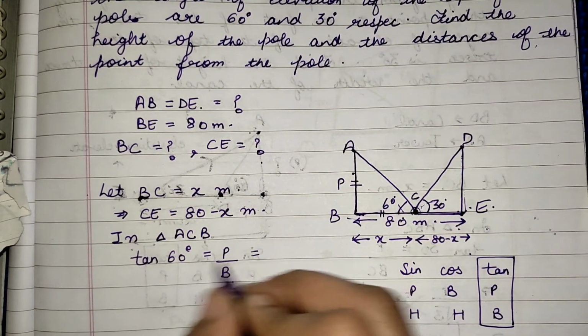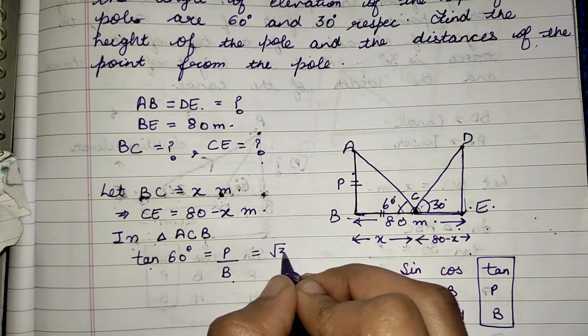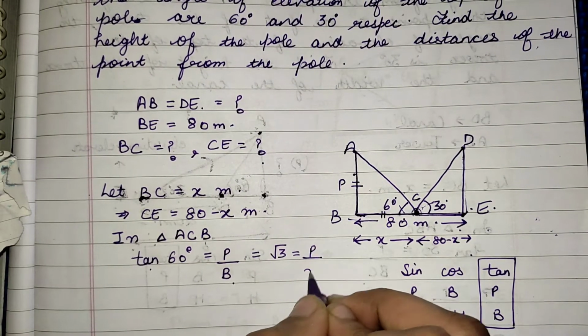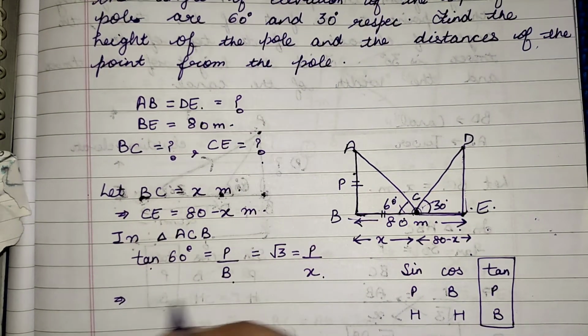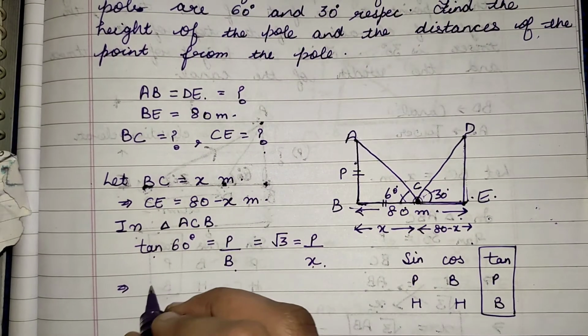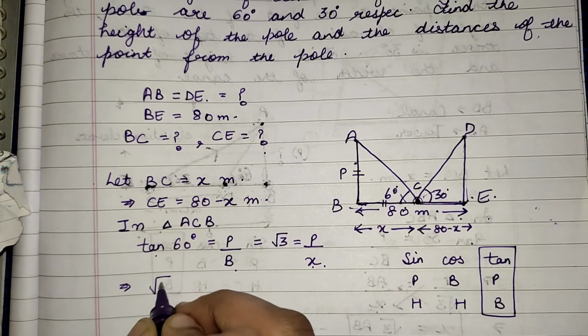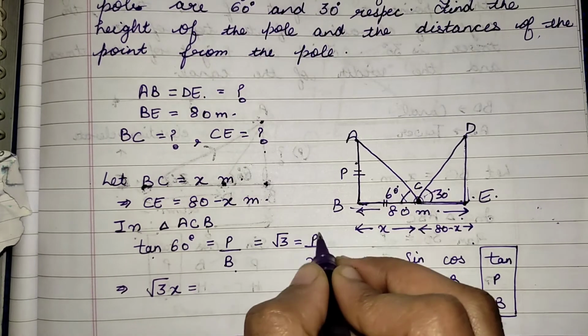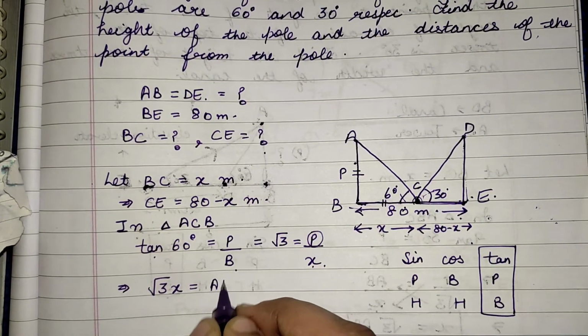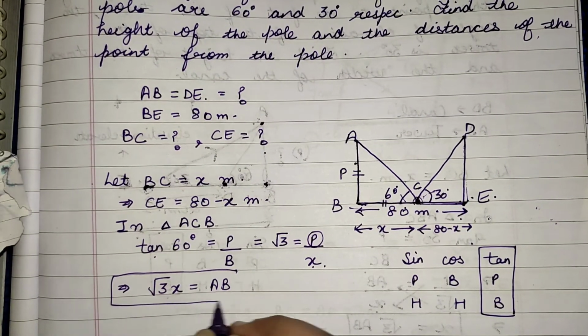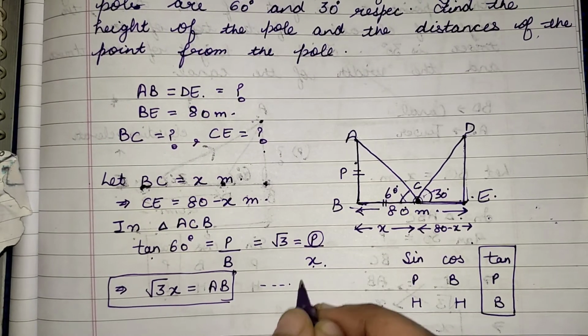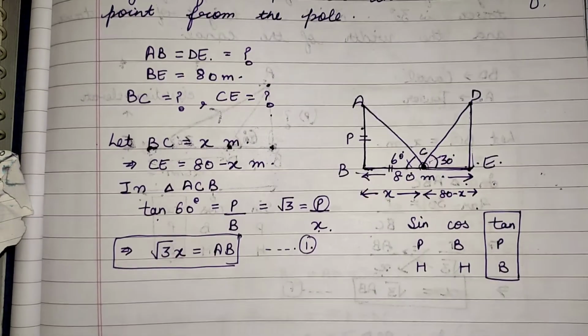So tan 60 is my root 3, equal to perpendicular by base. Base is my x. So I can write down that root 3x is equal to perpendicular, which is my AB. So let us suppose this is my equation number 1.